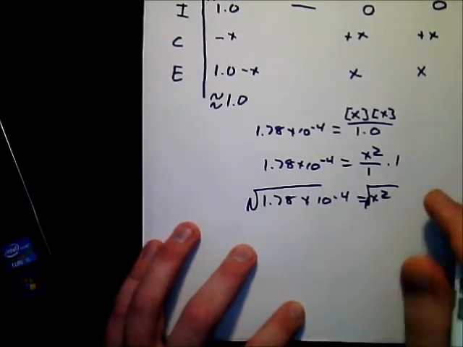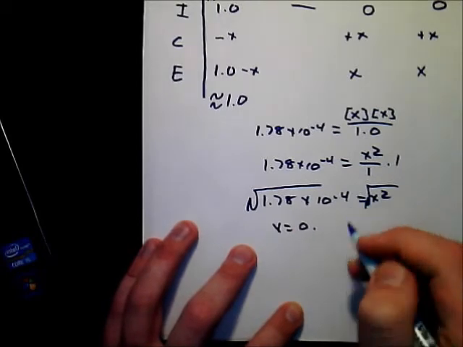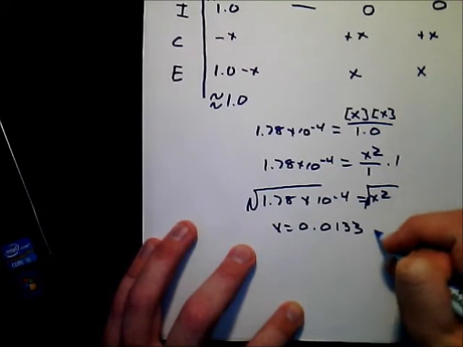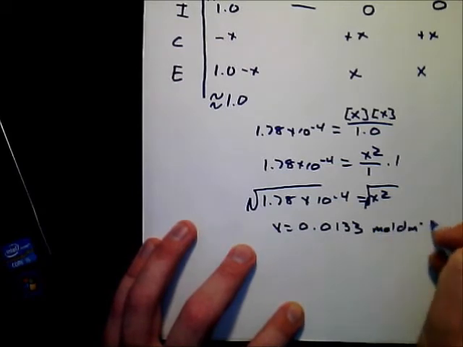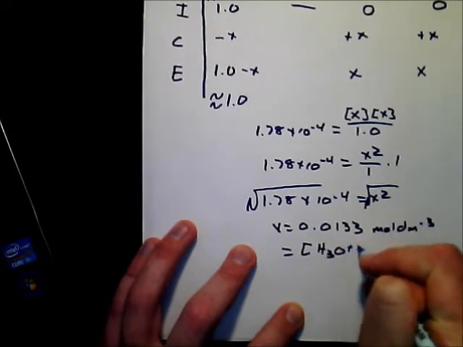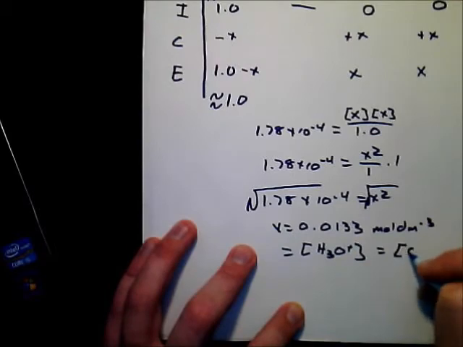And so x ends up being 0.0133. Now what is that? That's the concentration of hydronium ions or H plus ions in solution. It's also actually the concentration of methanoate ions.